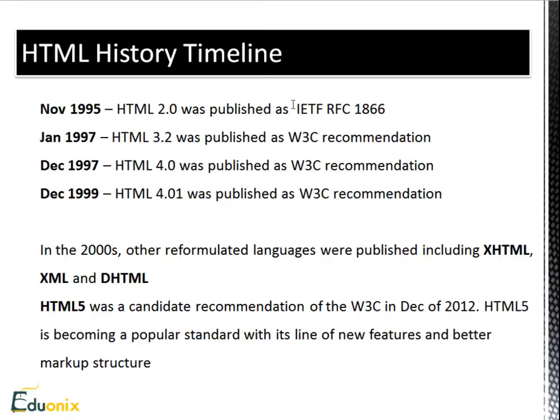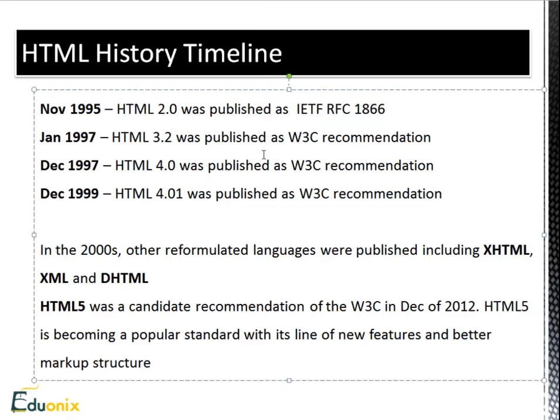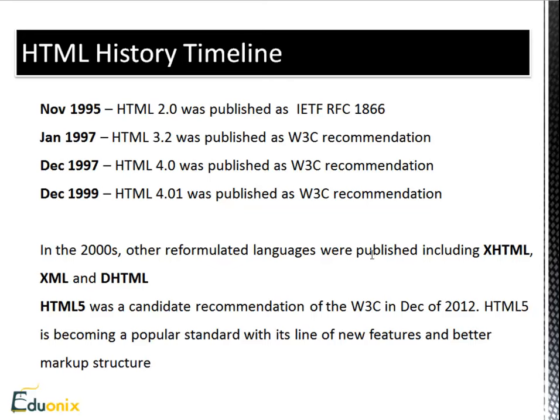I'm not exactly sure what that is, but it wasn't recommended from the W3C until 1997 when HTML 3.2 was published. And then in December 1997, HTML 4.0 was published, and then in 1999 HTML 4.01 was published.